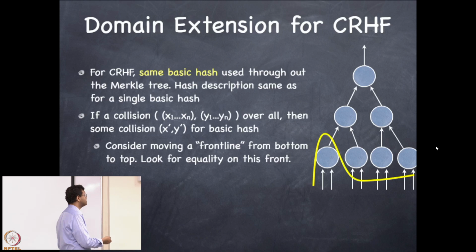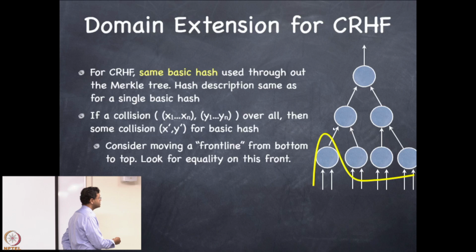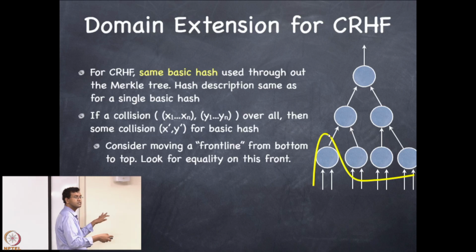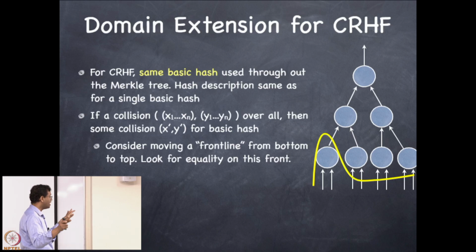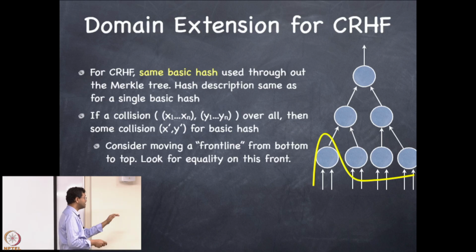So now I have found a collision because these were different in the x computation and the y computation, and these are the same. So this x1, x2 and y1, y2 are different, but h of x1, x2 and h of y1, y2 are equal.